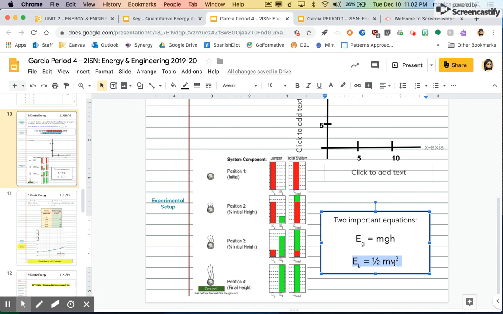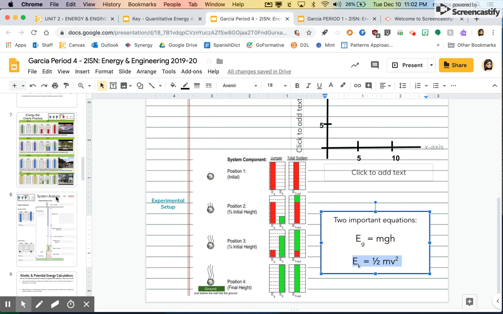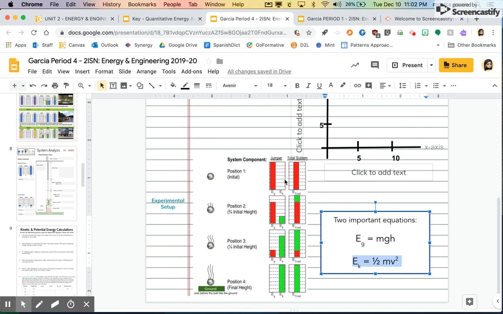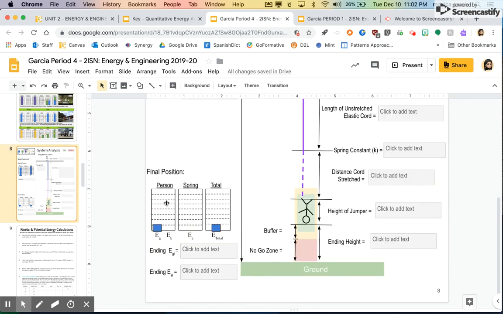Okay? And the reason why they come to a velocity of 0 is because that jumper needs to switch directions. So the jumper is falling down, and then at the very bottom has to go back up. So that velocity needs to get to 0. This is important, and you'll see why in the activity or the assignment that you're going to do today.